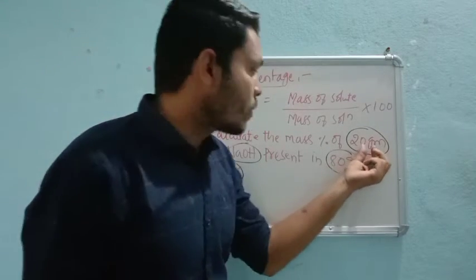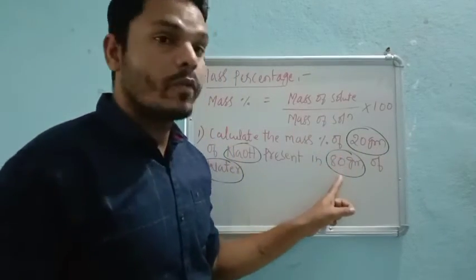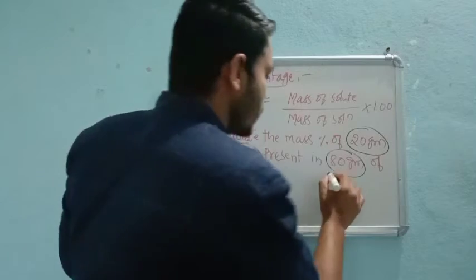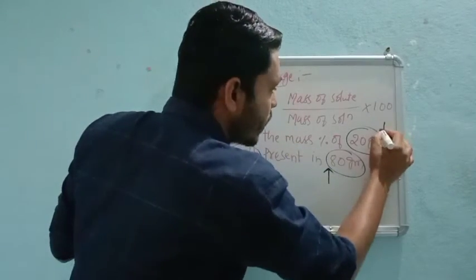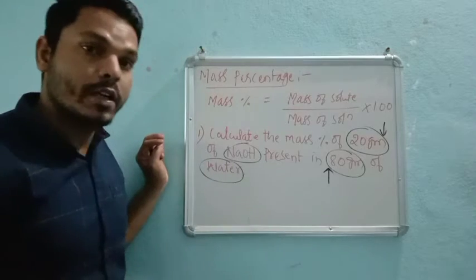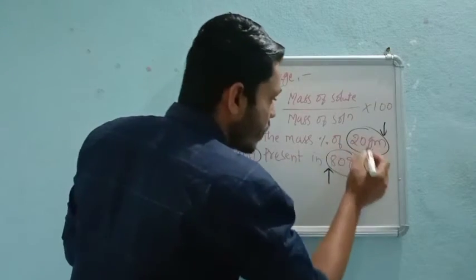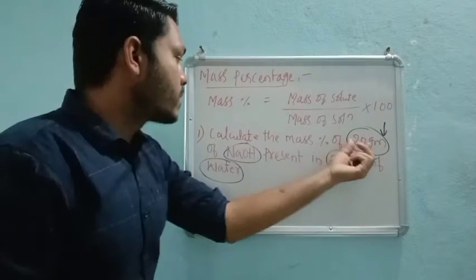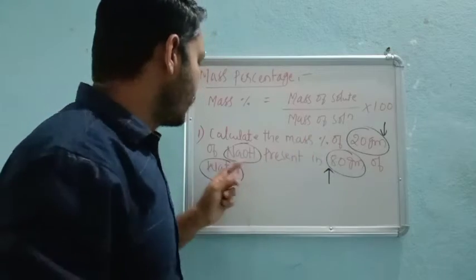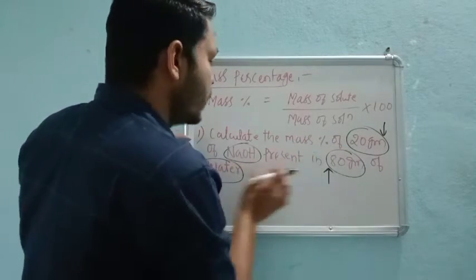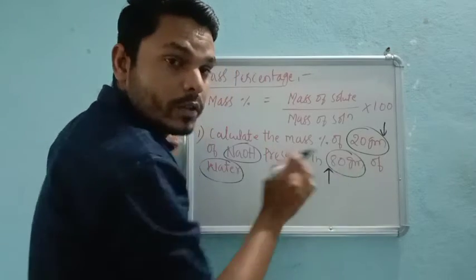Now see here, 80 is more than 20. The solvent is the one which is present in high concentration. So 20 is less, and the component which is present in less concentration is called the solute. That means here NaOH becomes the solute and 80 gram of water becomes the solvent. So this is the trick.